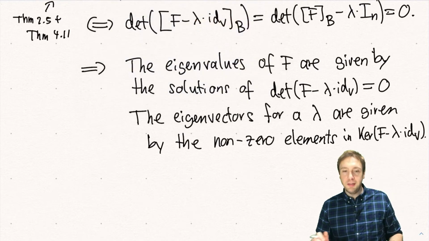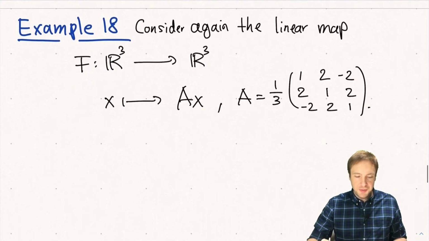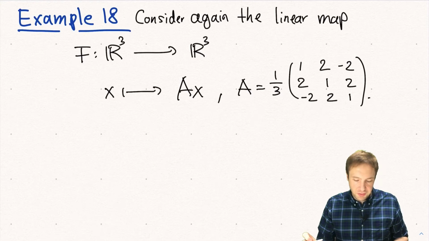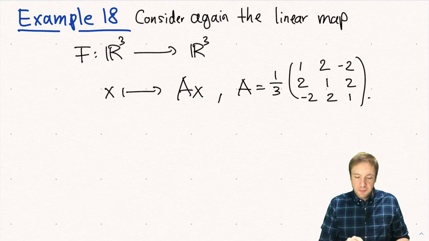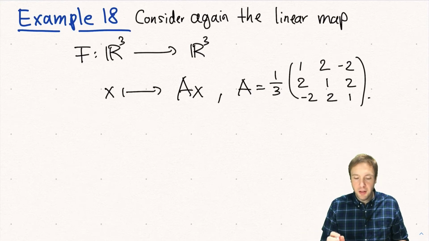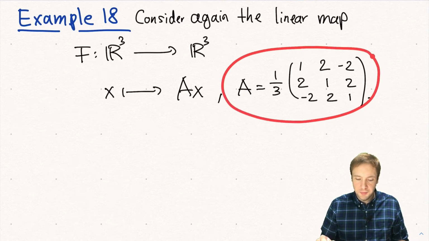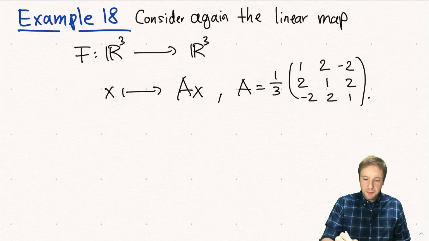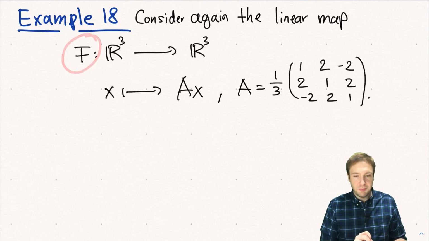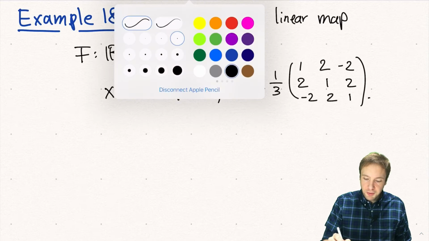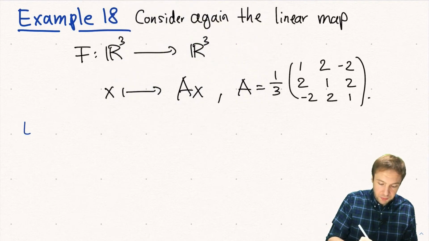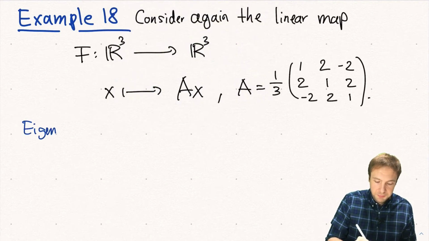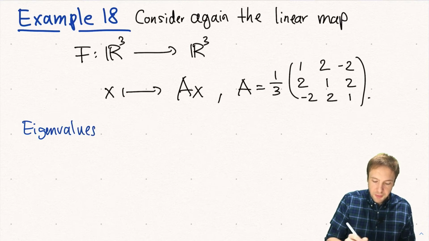Okay, but now let's do this in our example to see how this actually works. So again, we take the same linear map F given by this matrix here. In this case, this A is the matrix of this linear map F, and we now want to calculate the eigenvalues.